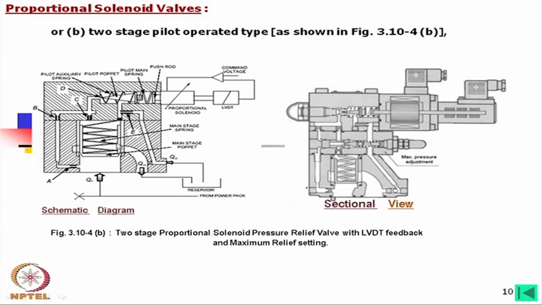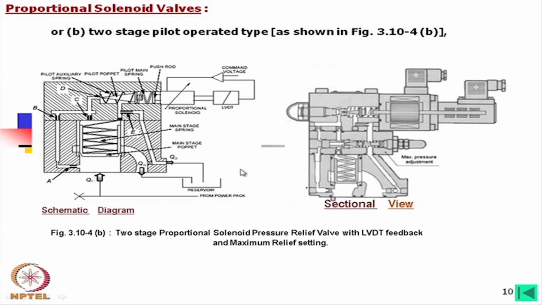As there is a constant flow, there will be a pressure drop on this side, and due to this differential pressure it will still remain closed. The spring force plus this pressure force is more than this force. So, it will remain closed.